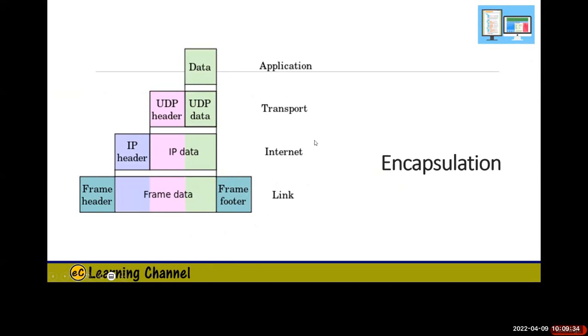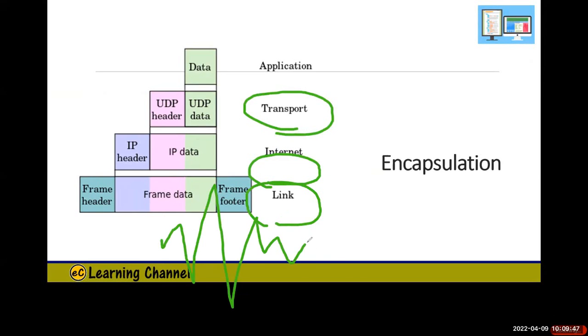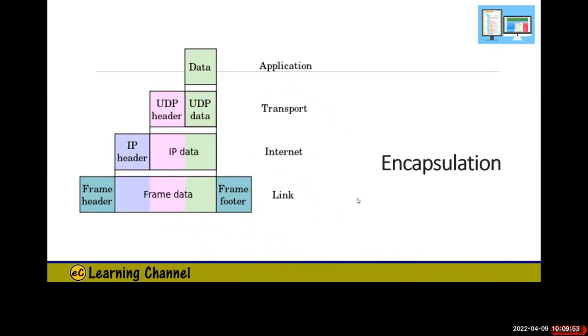Your data has more protocols and extra information put onto it, typically at layer 4, layer 3, and layer 2. At layer 1 it has already been converted to a physical signal to send out. So these are the encapsulation.